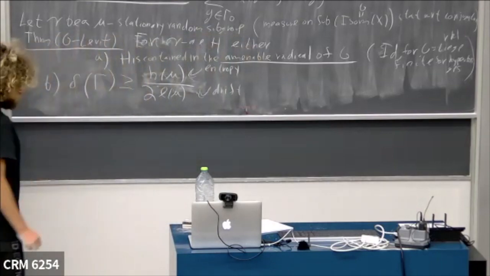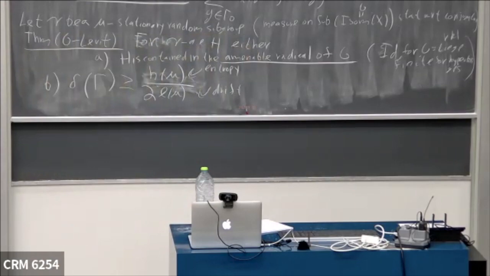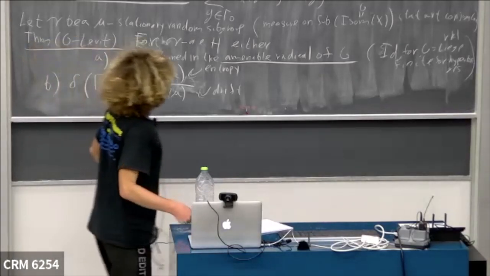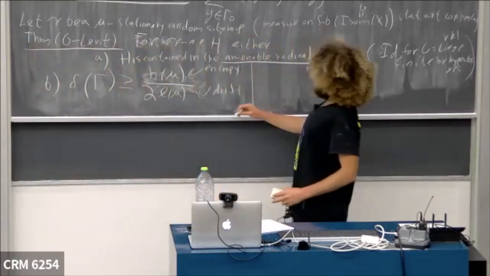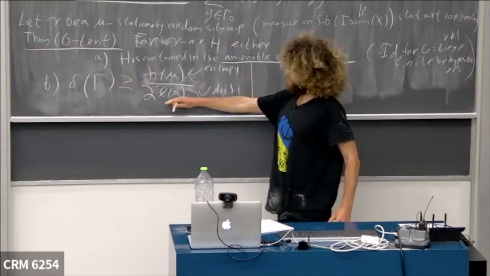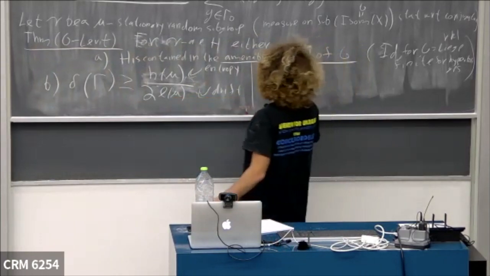So how do you define the entropy and drift, for those that were not in Chinese and Laszlo's lectures last week? So the drift is like the average amount that the distance increases after one step.